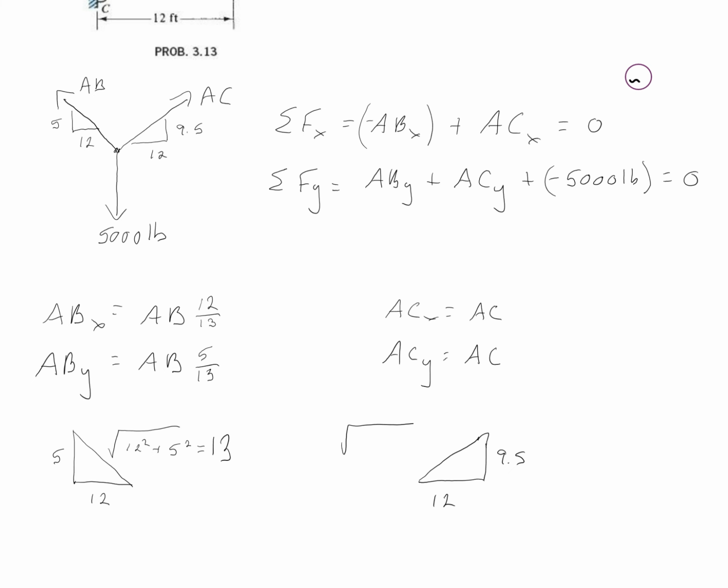So now I'll have the square root of 12 squared plus 9.5 squared, and that is 15.31. So for the AC components, out of 15.31, the y component is 9.5, and the x component is 12.